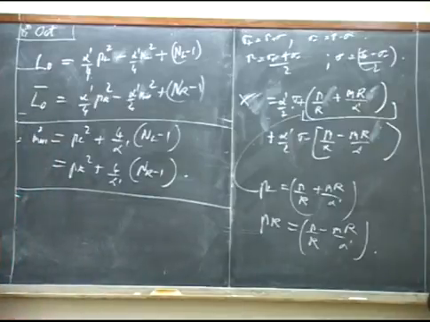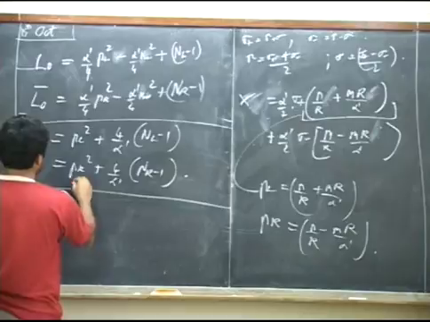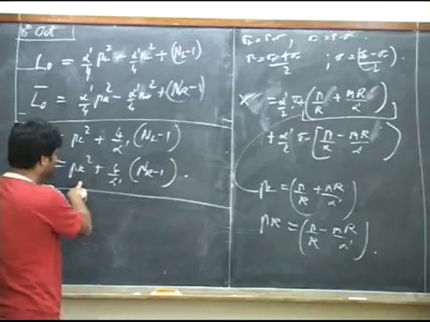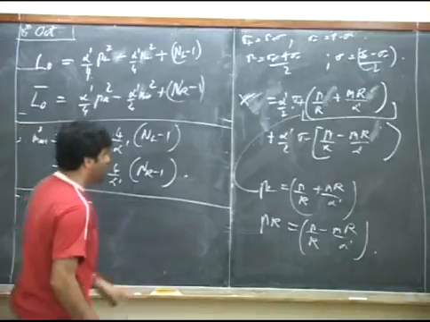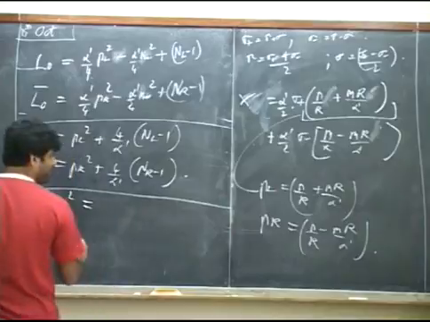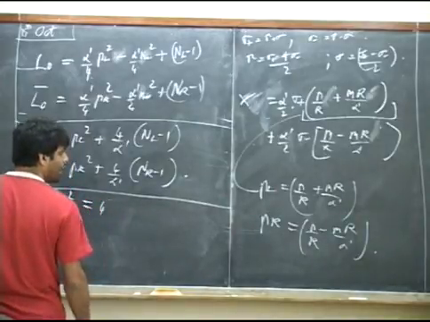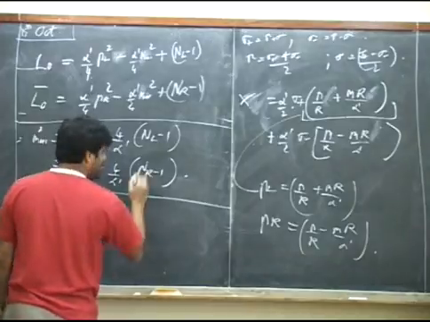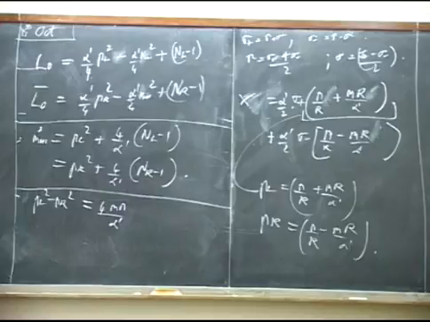So if we subtract these two, what will we get? We get P_L squared minus P_R squared, which is equal to 4 times mn by alpha prime.